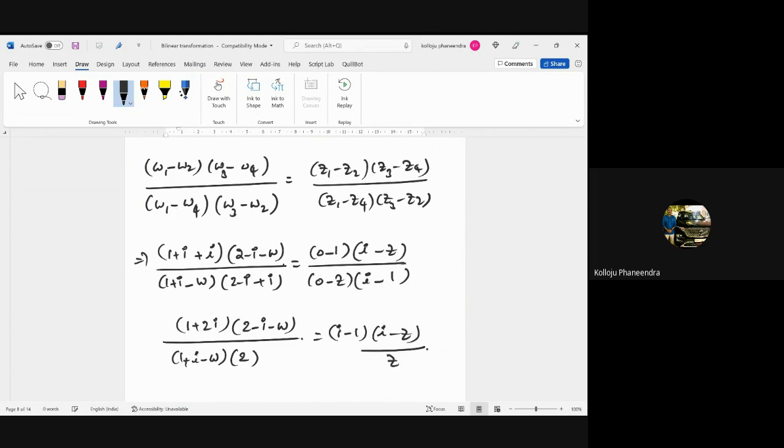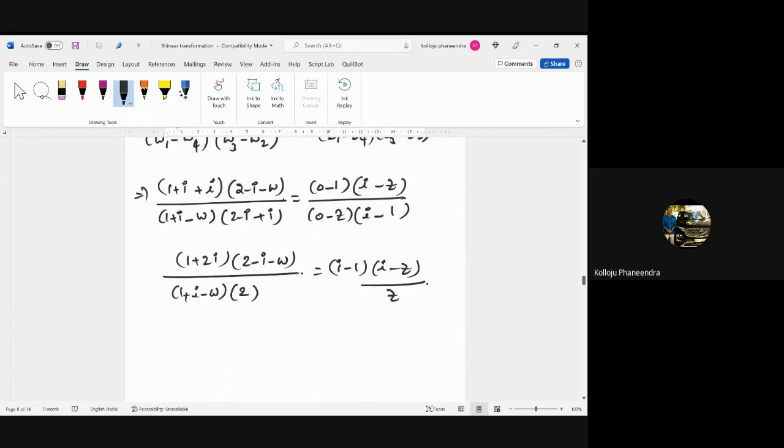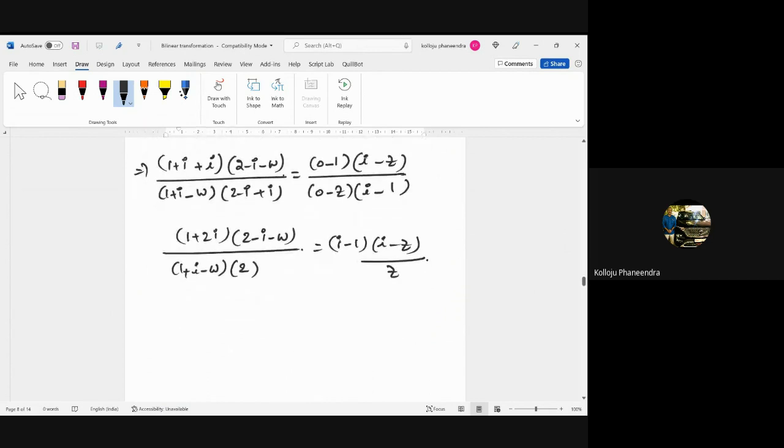Now Z will be there. Now, how to simplify this? 2 minus I minus W by 1 plus I minus W equal to. Let us take the remaining terms to this side. So this is 2 into I minus 1 by I minus Z by Z.